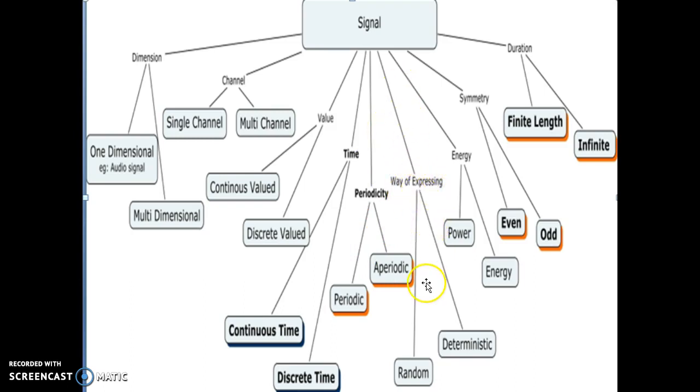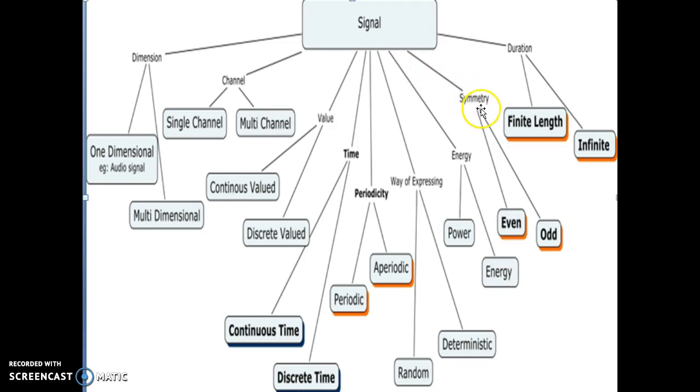Depending on the way of expressing, some signals are random and some are deterministic. Depending on energy, signals can be power signals or energy signals.